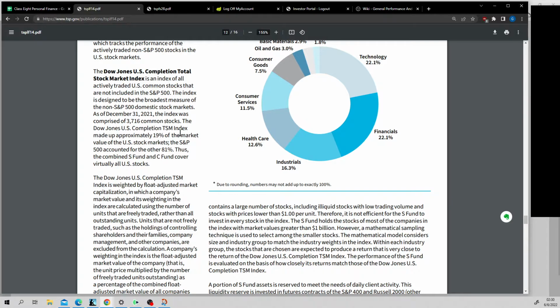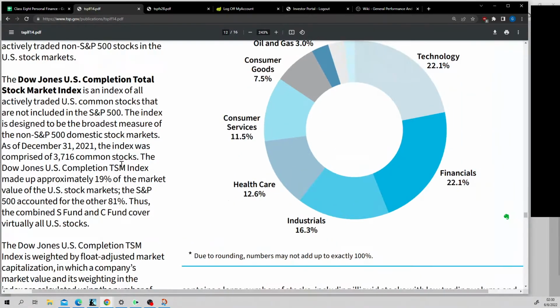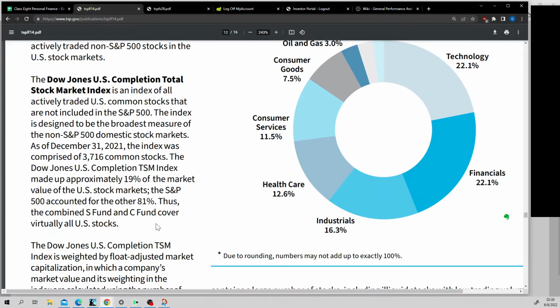And you can see this little thing in the fact sheet that says, as of the end of last year, it made up approximately 19% of the market value of the U.S. stock markets. So in other words, if you wanted to replicate the total U.S. stock market, you could go 81% C fund and 19% S fund. Don't do that. Go 80-20.